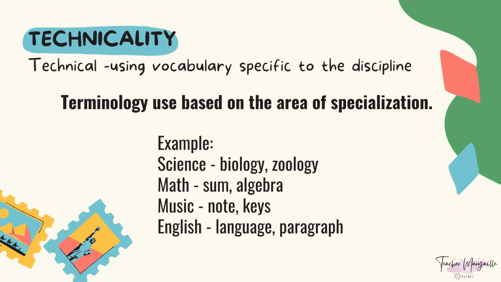If your area is science, some of the terminology used are biology or zoology. For mathematics, they use terms like sum or algebra. For music, they use terms like notes or keys. And for English, they use terminology like language or paragraph.